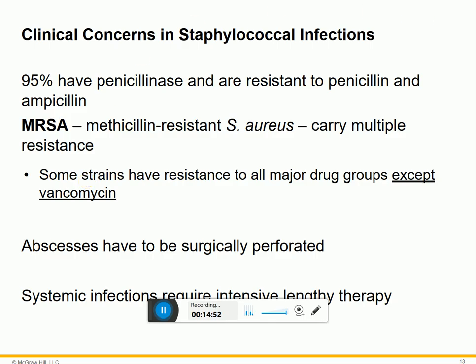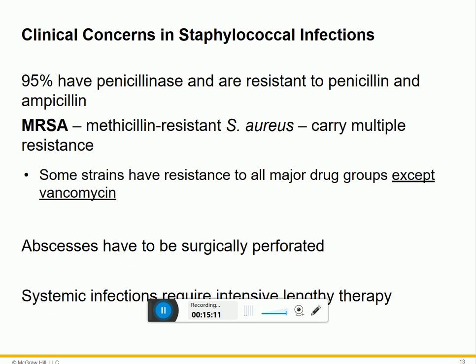Now, what are some clinical concerns when it comes to staphylococcal infections is that, unfortunately, because most staph infections can secrete that enzyme penicillinase, they are now resistant to penicillin. A lot of them are starting to become resistant to methicillin as well.